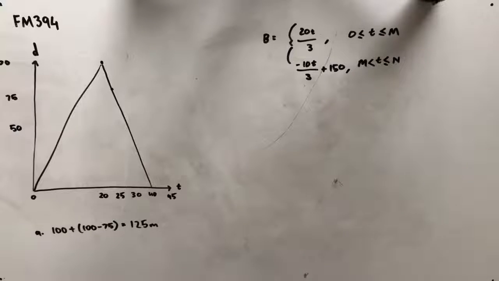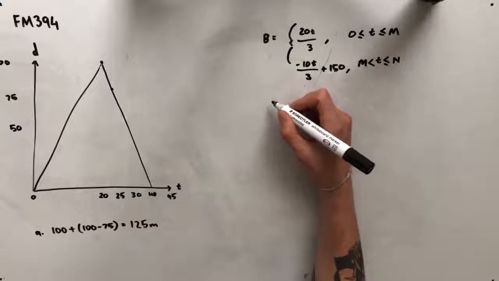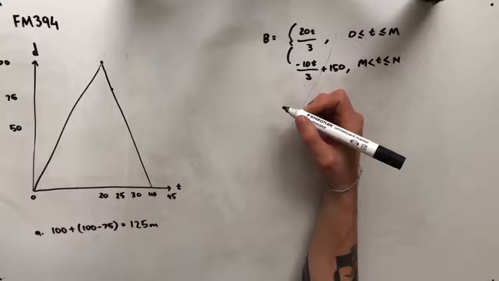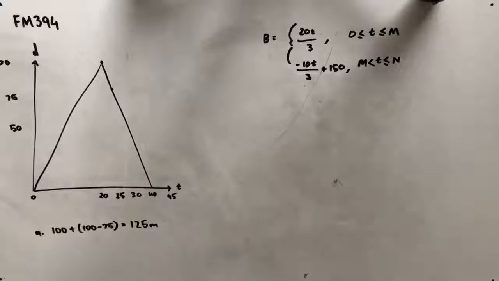Alrighty, part B. Actually, before we get to part B, we're given a little bit more information. We're told, let A be Tommy's distance from his starting position in meters t seconds after the race starts.